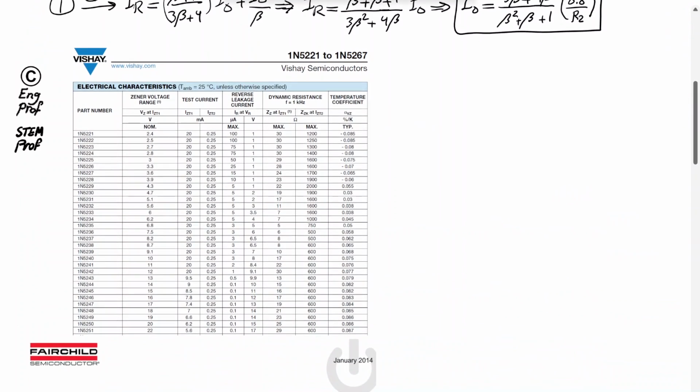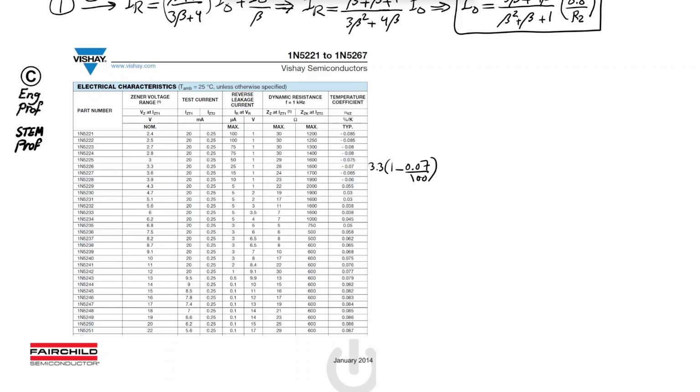If you go with 3.3, you're selecting this Zener diode. And you can see that this Zener diode of 3.3, the part number 1N5226 from Vishay, has a temperature coefficient of negative 0.07%. So that means we have 3.3 times (1 minus 0.07 divided by 100).